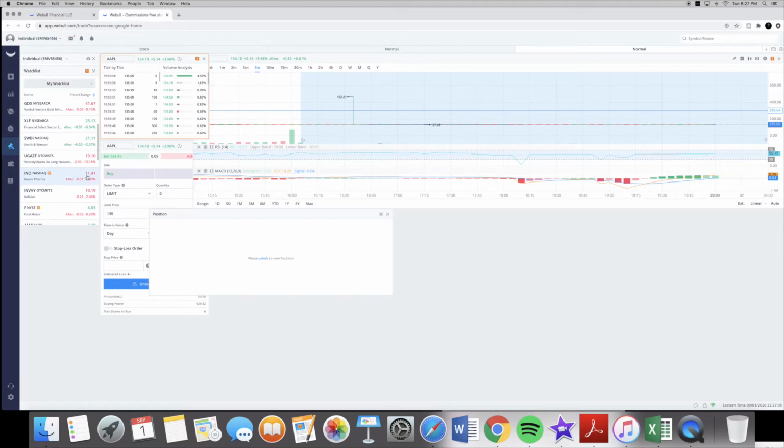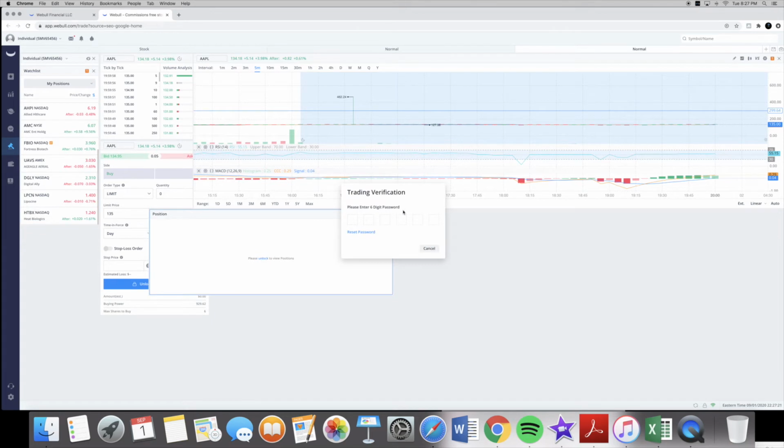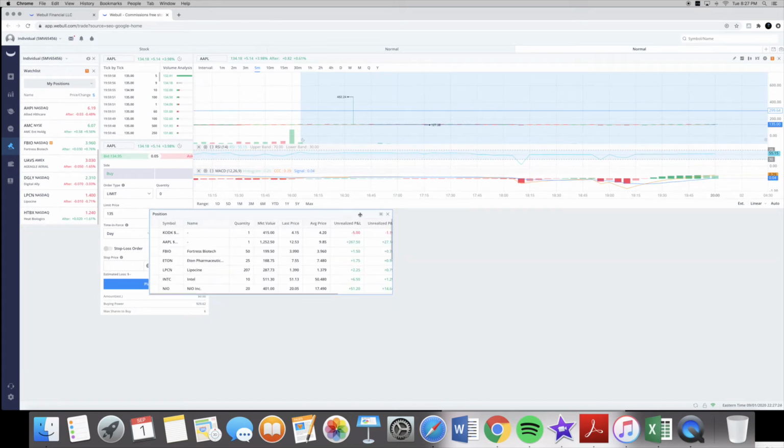Now, another question a lot of people have been asking is what will happen. For example, I'll show you right here on my positions. Right here, I'm positive on this stock, and right here, I'm losing $5. I got a question asking me, when it goes red, when it goes negative, am I losing money?